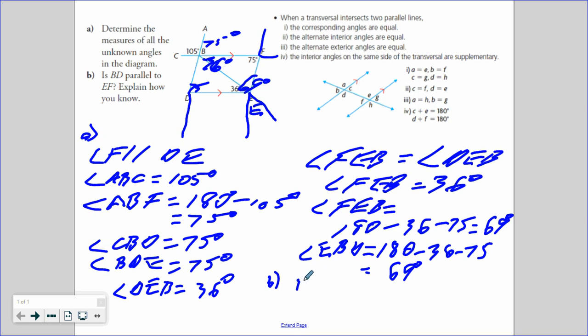So we're going to say BD is parallel to EF, because, you could have put therefore, but I'm just running out of room, so we'll just put because, angle FEB and EBD are equal alternate interior angles. So this angle equals the alternate interior angle of angle EBD.